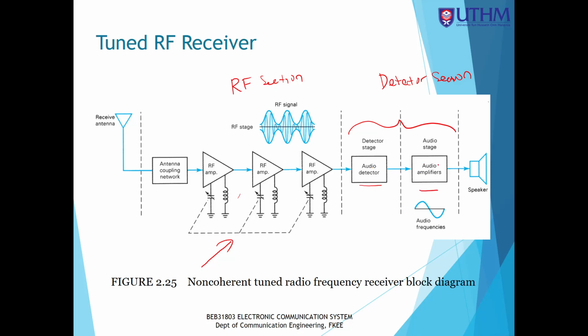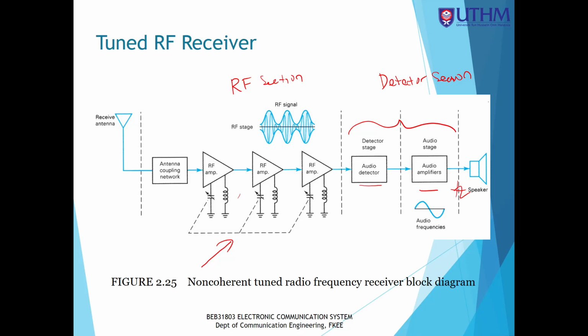The audio amplifier will amplify the output from the demodulation to the speaker, so we get the original output at the speaker. So the process is very simple. You see that there's no down conversion to intermediate frequency, and this is the simplest kind of receiver process.